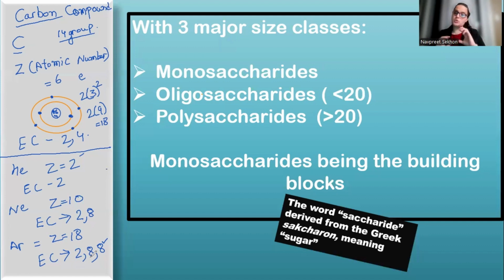Their main aim is to have the electronic configuration just like that of either helium, neon, argon, krypton, or radon, right? They just want to have electronic configurations like that. Carbon is not different in any way. Carbon has 4 electrons in the second shell.